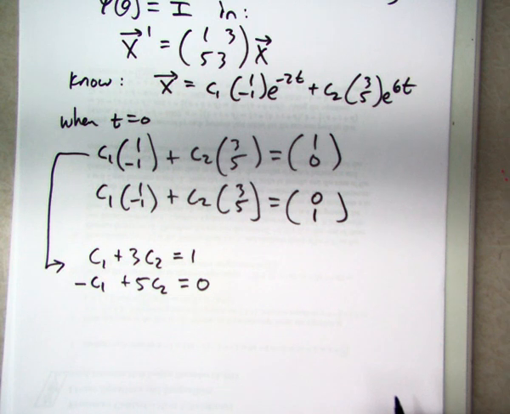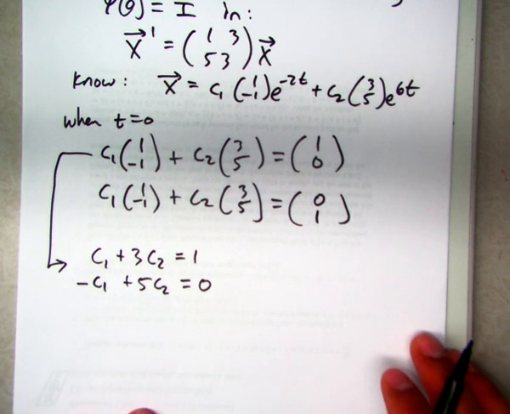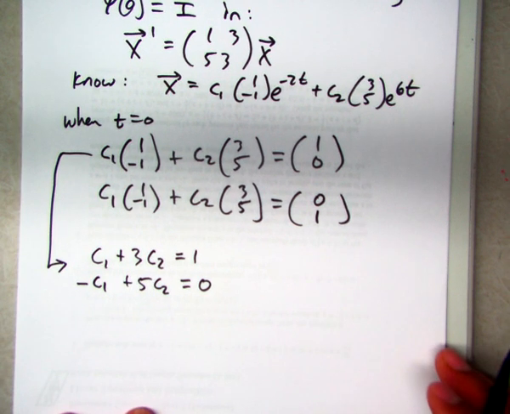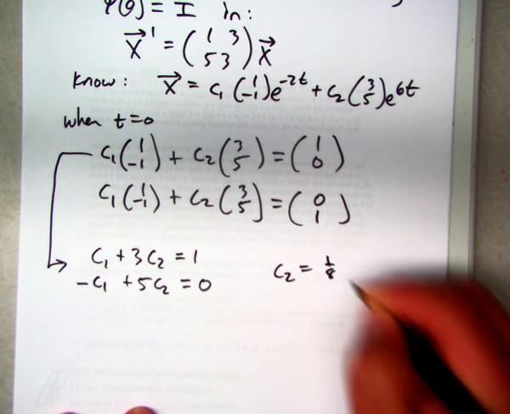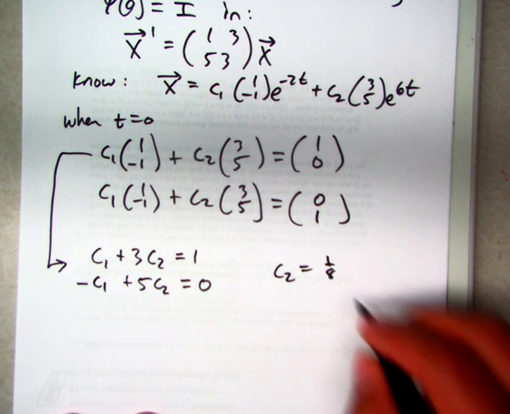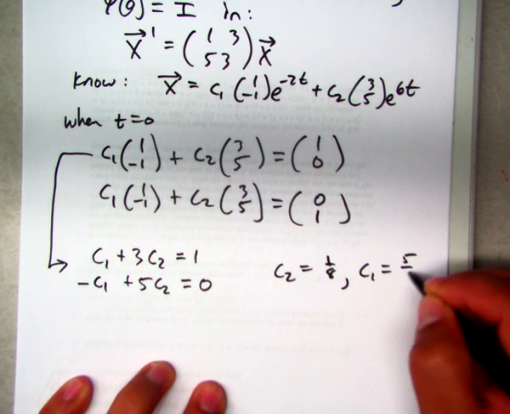So let's solve. What do C1 and C2 have to be? C2 is 1/8. We're taking his word for it. What's C1? 5/8. Okay.